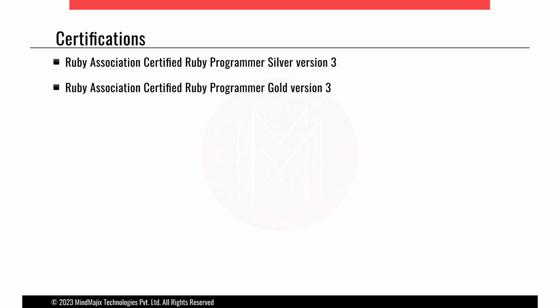And with this course, you will have the knowledge to attempt the global certifications too. The global certifications for Ruby and Ruby on Rails are Ruby Association Certified Ruby Programmer Silver version 3 and Gold version 3. So you can also have the stamina to attempt this certification.